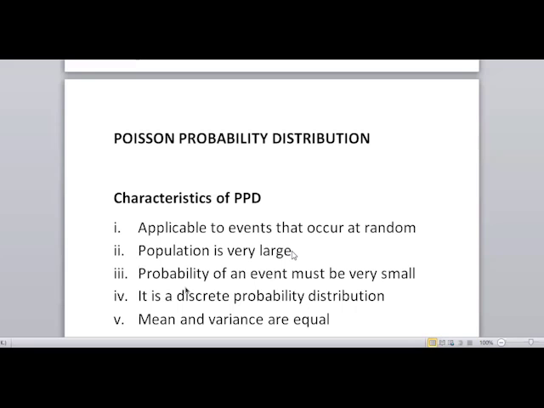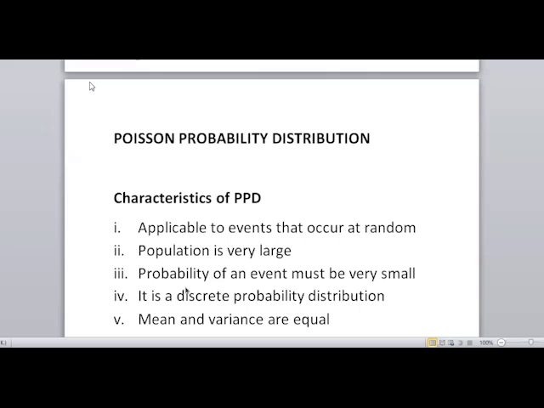So again, this is not a continuous type of probability distribution. Like I said, it is discrete, so we don't use continuous variables. Lastly, the mean and the variance are equal.